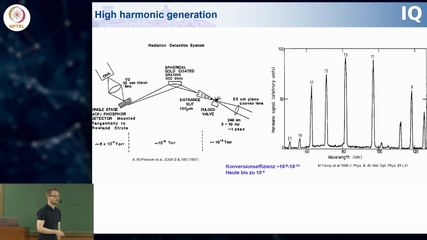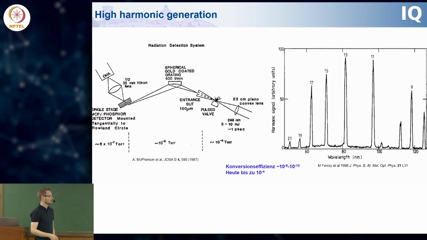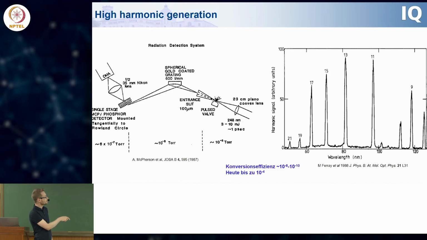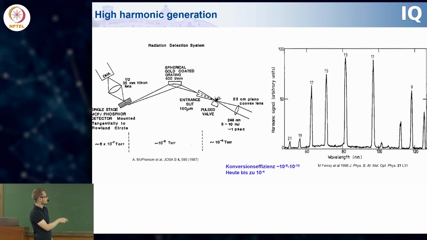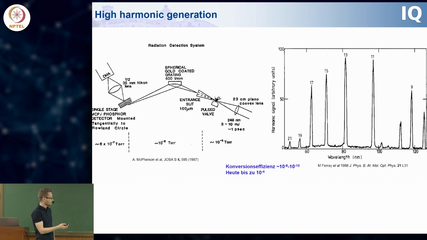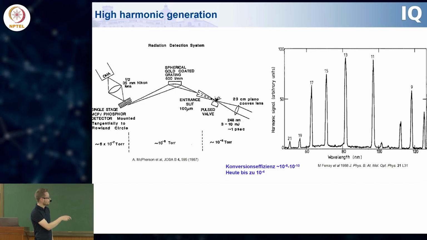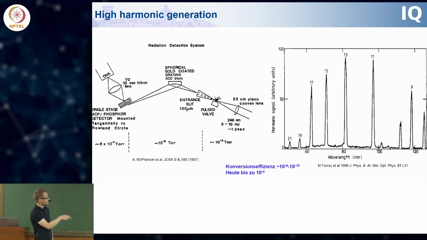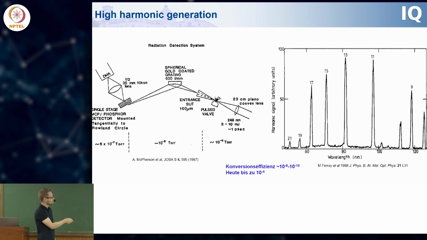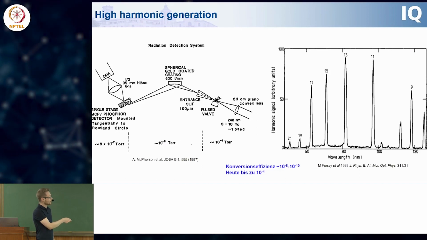Xenon was the first one actually, but then they extended to other noble gases. And then you have a simple spectrometer setup: an XUV grating and then a CCD to detect your photons. The whole thing is in vacuum, so we are suddenly in wavelength ranges that are not propagating in air anymore.